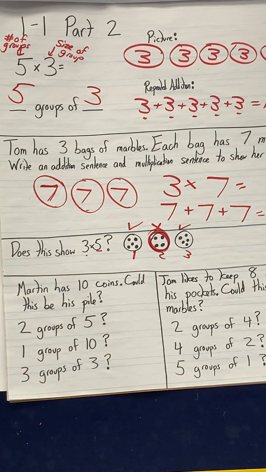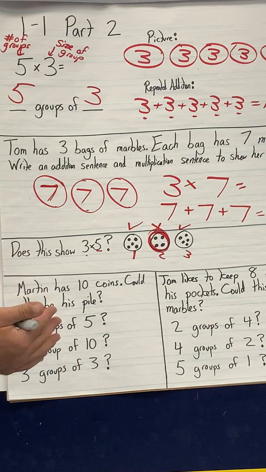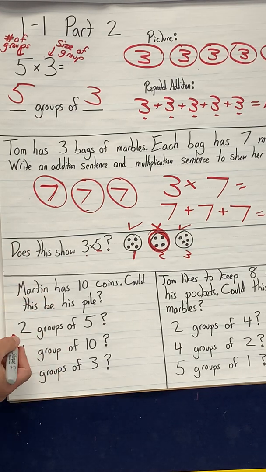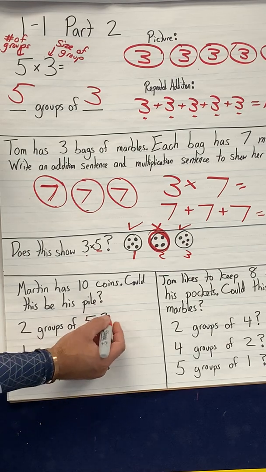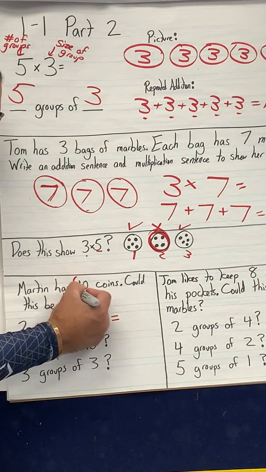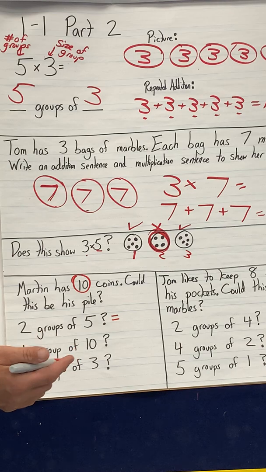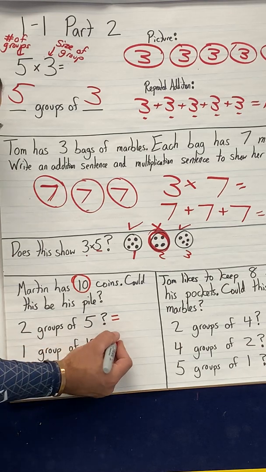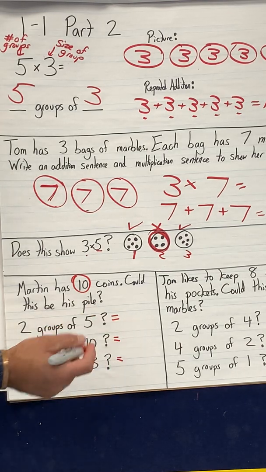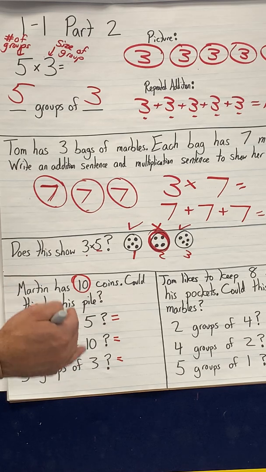And then on 1-1 on the back page, I think it was page 8, there were a couple of tricky questions. It says, Martin has 10 coins. Could this be his pile? Could he have 2 groups of 5? What they're asking you is, if you had 2 groups of 5, would it make 10? 5 and 5 are 10.